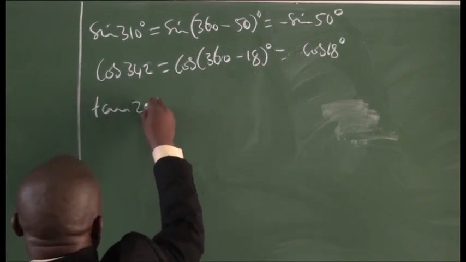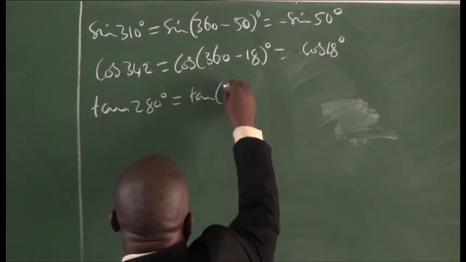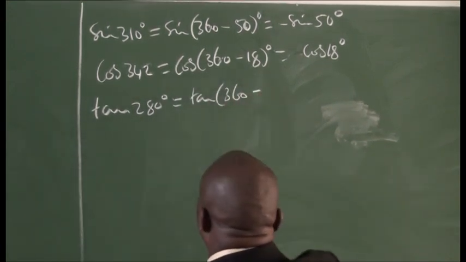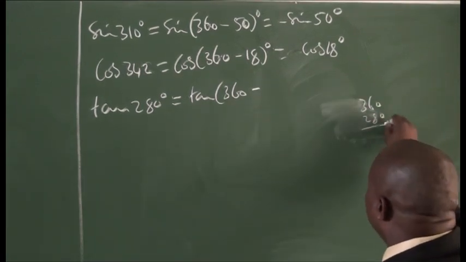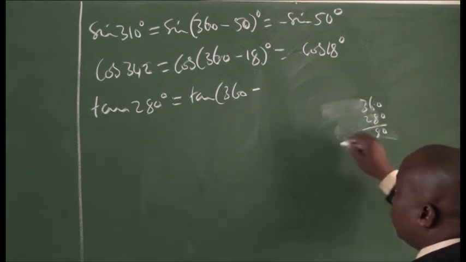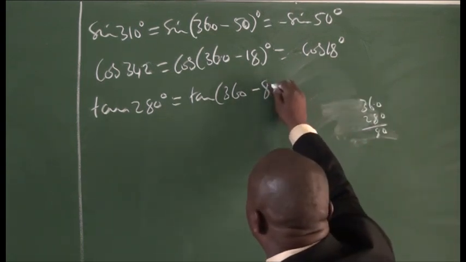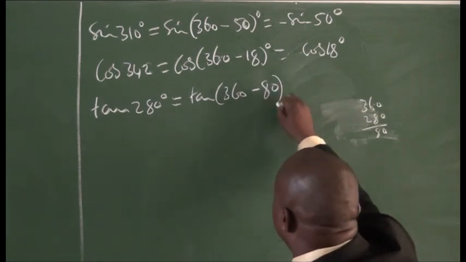You look for tan 280 degrees, it gives us tan of 360 minus 80 degrees.